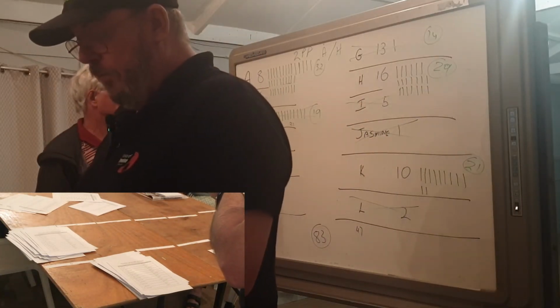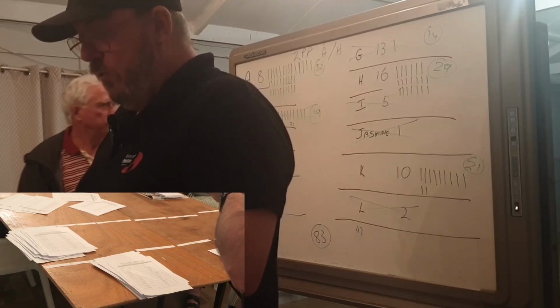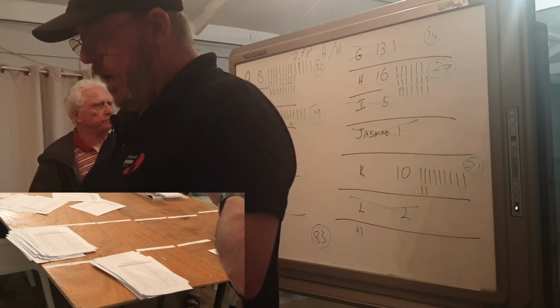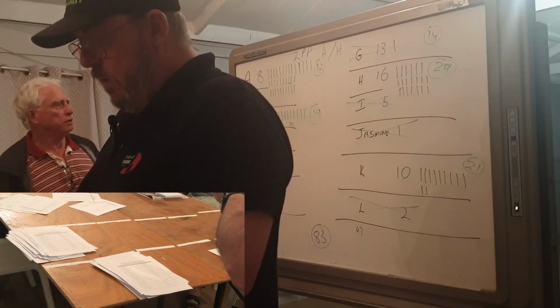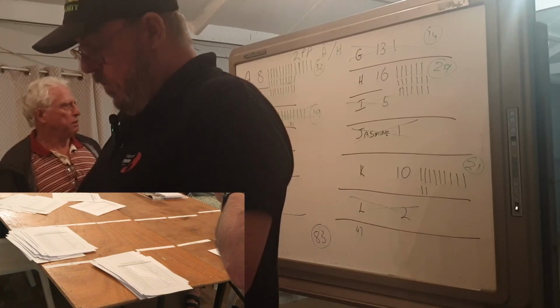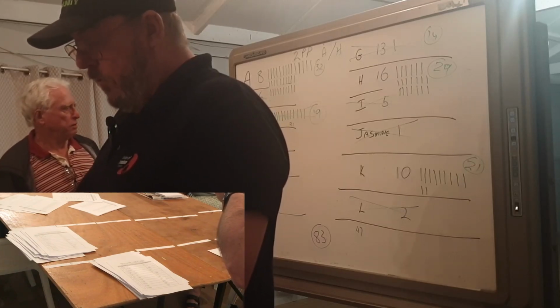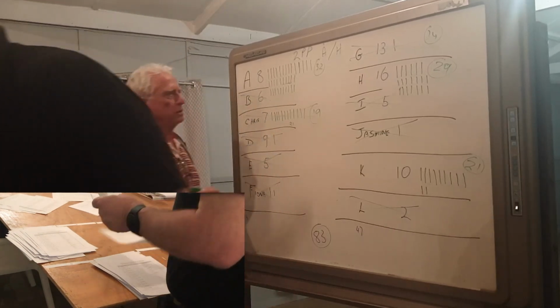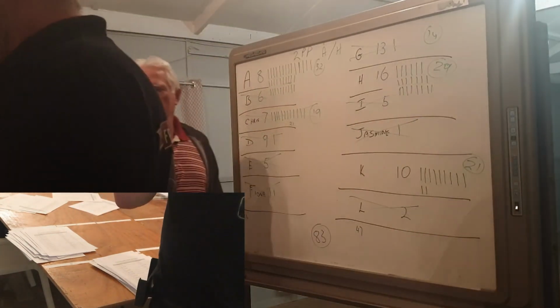Number 4, we've got 1. Number 2, Party G. No. Number 3, Party I. No. Number 4, Party L. No. Number 5, Independent. No. Number 6, Party H. Number 2, Party A.